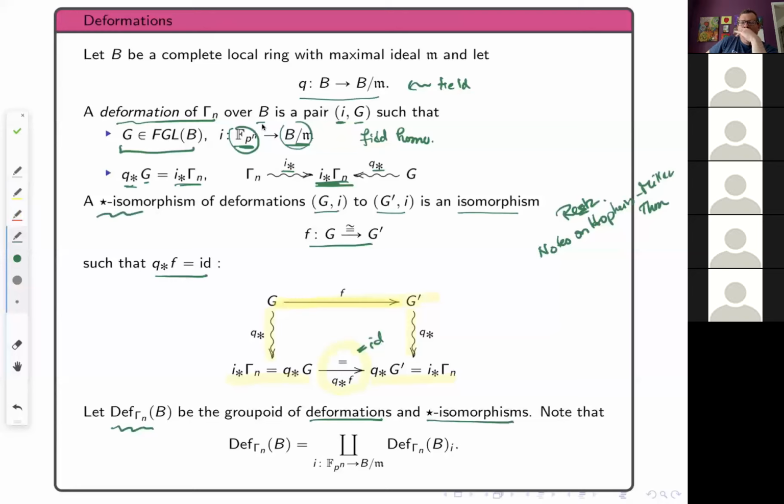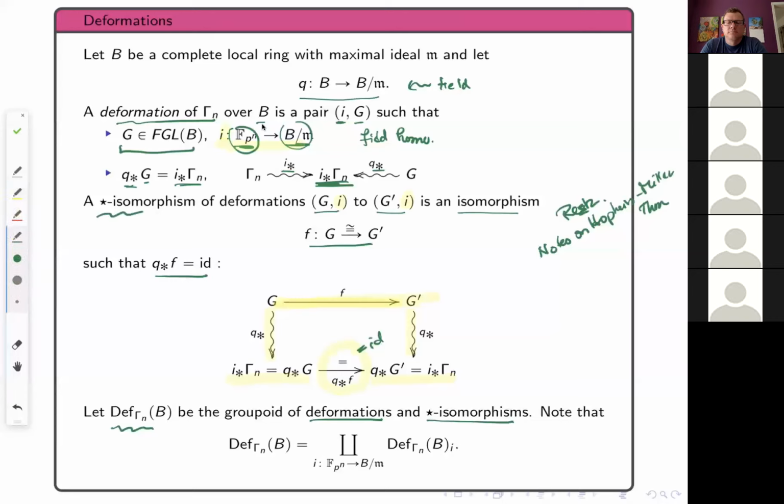So maybe let's make a note. I didn't give you any homomorphisms here. I had I and I, they matched. They didn't need to match. There might be multiple maps like so, okay? But in this groupoid, we don't allow maps. So for there to be a map, you have to have an identification of this inclusion here, okay?